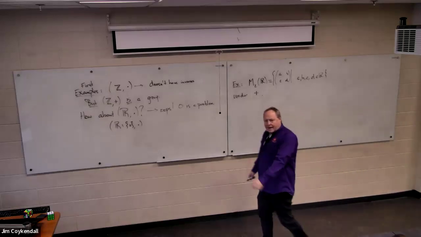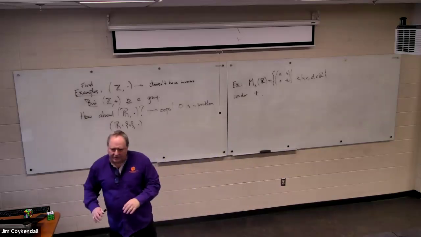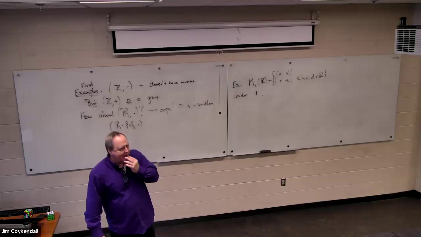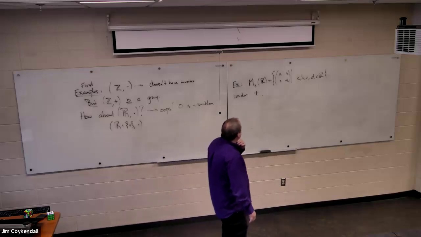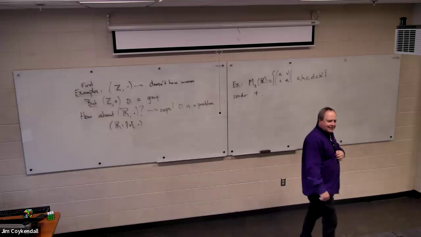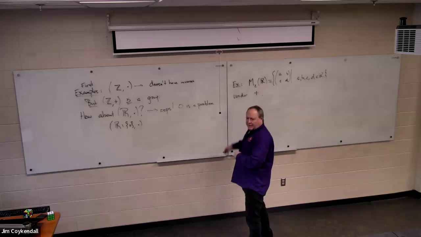Does order matter here? It doesn't matter what order you add matrices. But I do remember that for matrix multiplication, order does matter. So how about this? Anybody want to take a guess for a good group we could get out of this? We can't use all of these, right?